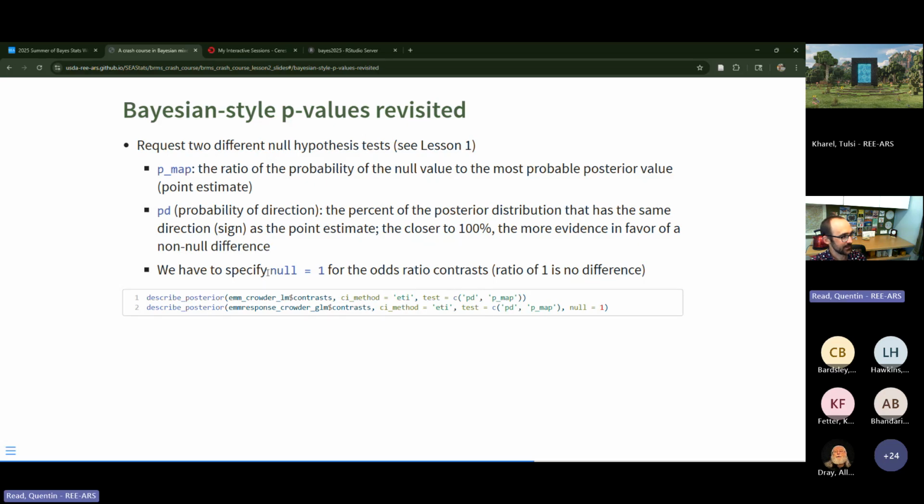And we have to say null equals 1 for the odds ratio contrast because the null value for a difference is 0, but the null value for the odds ratio is 1. An odds ratio of 1 indicates no difference. We're going to do this for our linear model and the generalized linear model and see how the p-values differ.